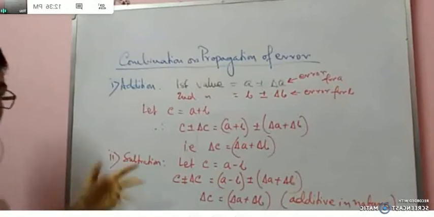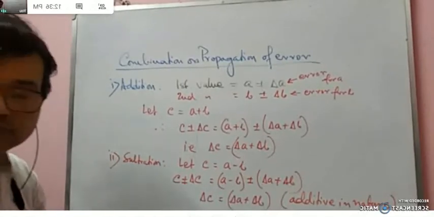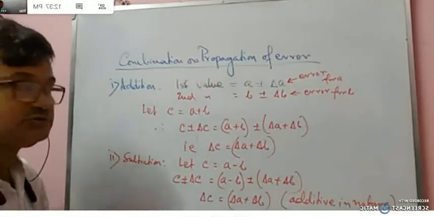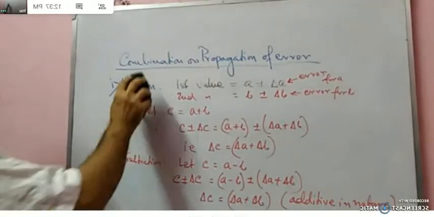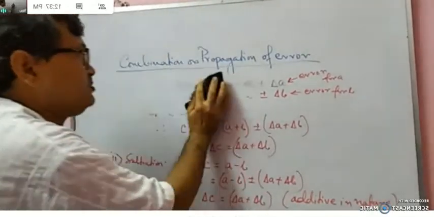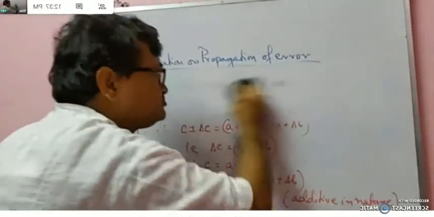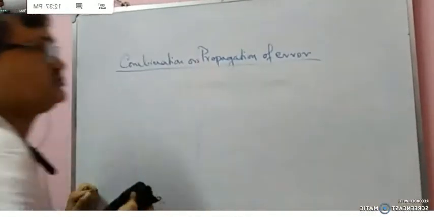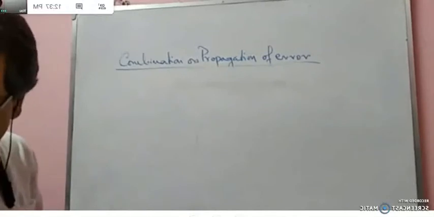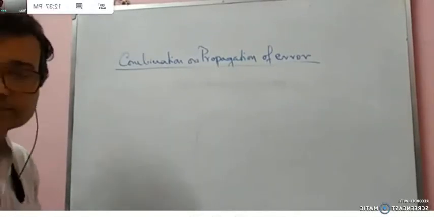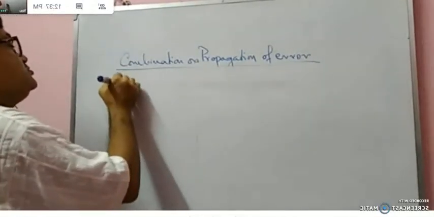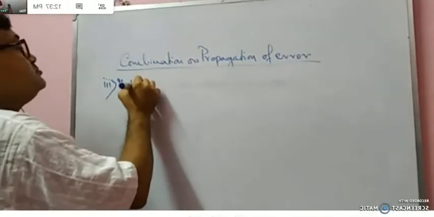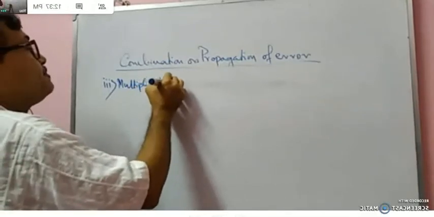Now go for multiplication. Number 3. If I take the product, then what will happen?